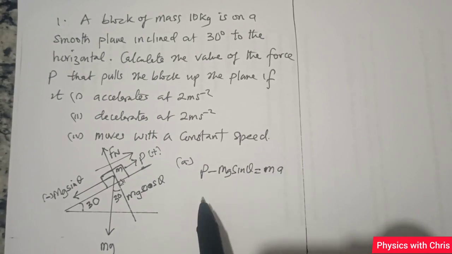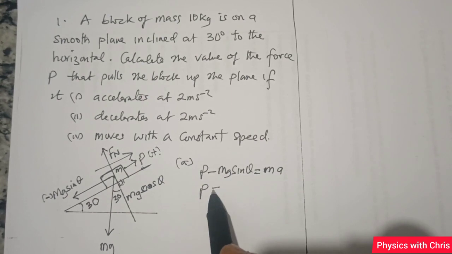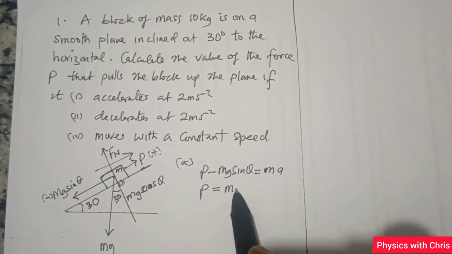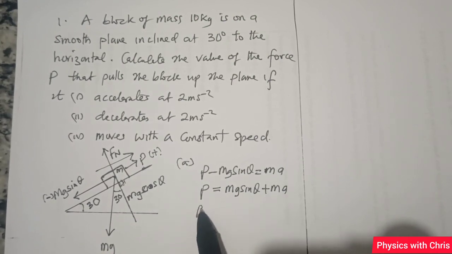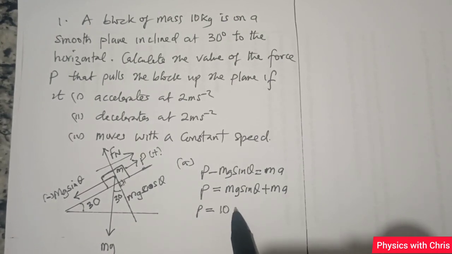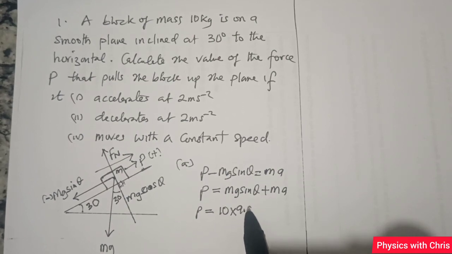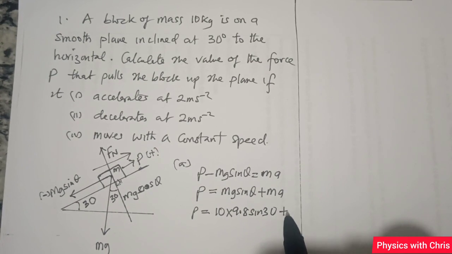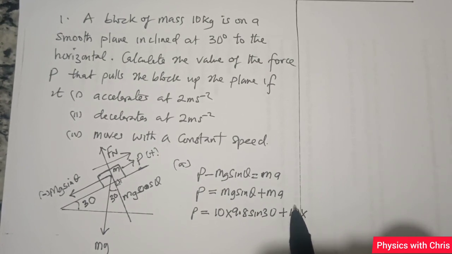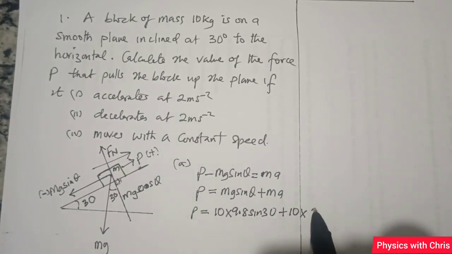Now you have to find the value of force P. Therefore, force P equals mg sin theta plus ma. The mass of the block is 10 multiplied by 9.8 sine 30, plus the mass of the block 10 times the acceleration here, which is 2.